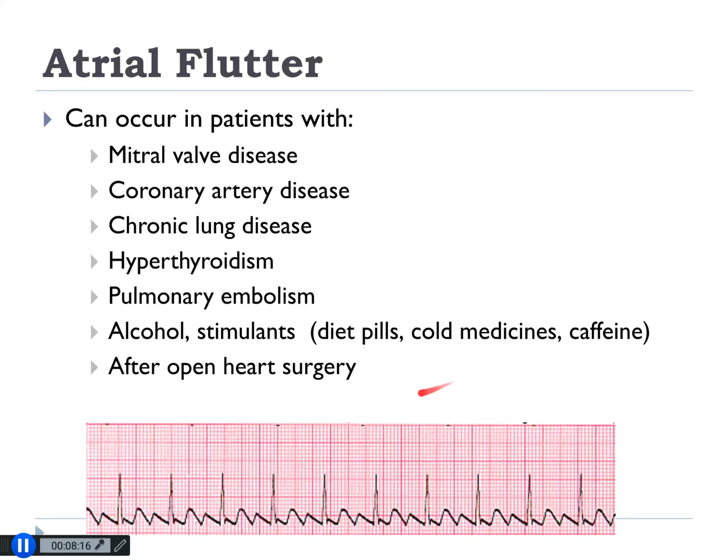Definitely open heart surgery, that's very common, but it's actually not unusual for people to come up with an A flutter on the monitor, even if they're just having knee surgery or hand surgery or something too.